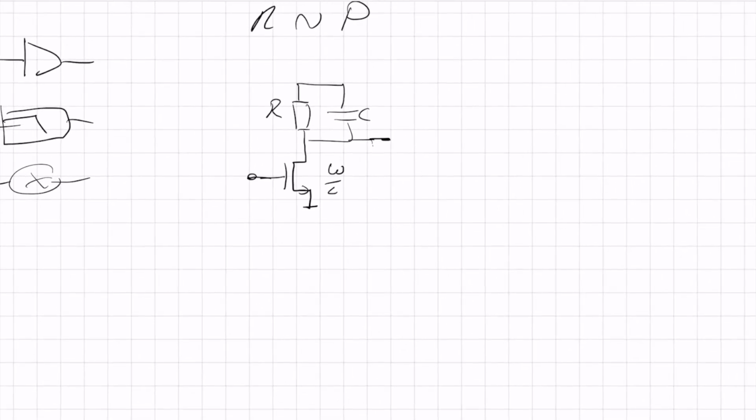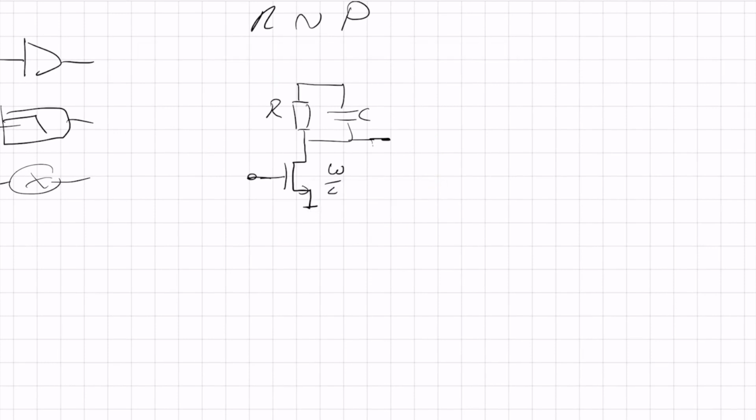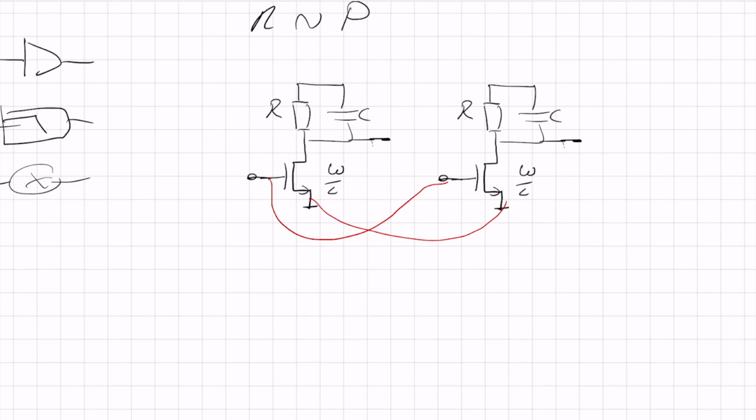What I can do is I can take a copy of the circuit. I can say, well, copy, and I say paste. I put it here, and then I interconnect all the wires. So I just take all the nodes, I connect.